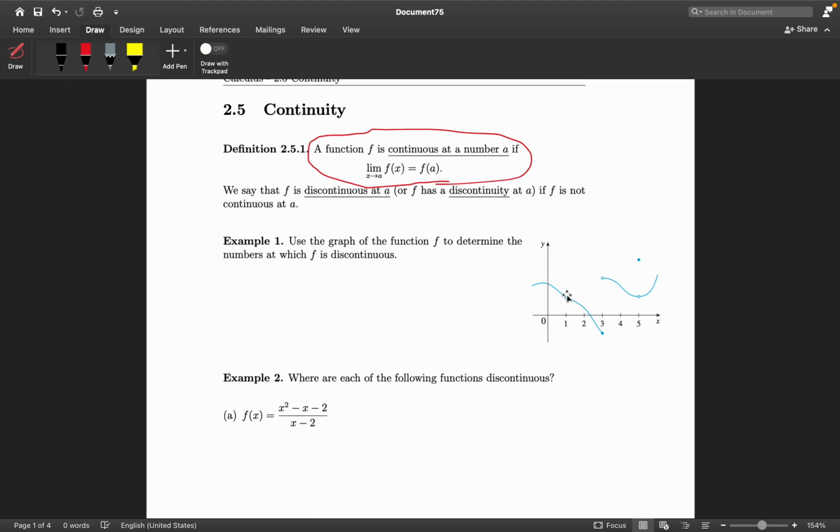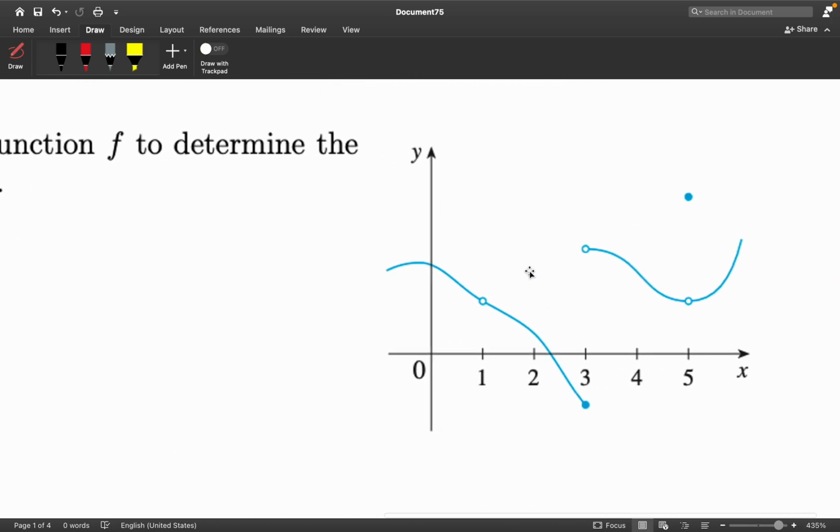So, for example, if I look at this part of my function, you could make an argument that if I were to take my pencil, I could draw this function without ever picking up my pencil on this interval. That's a pretty common definition in like an Algebra 2 class.